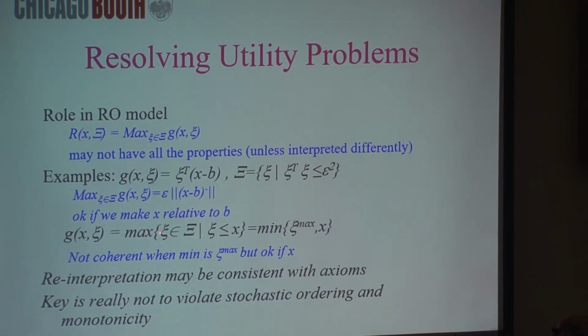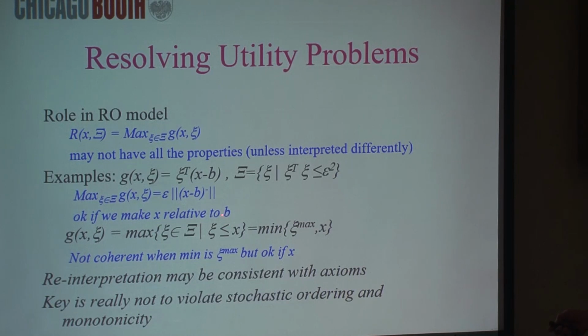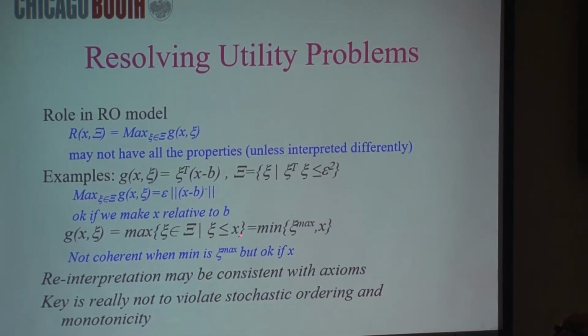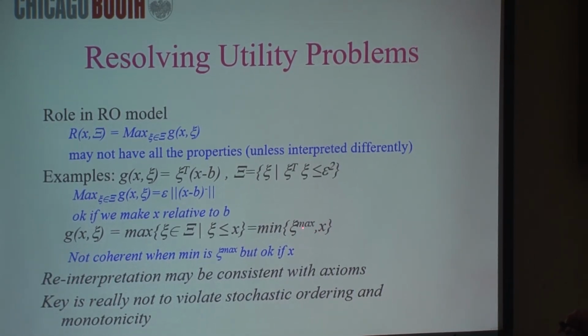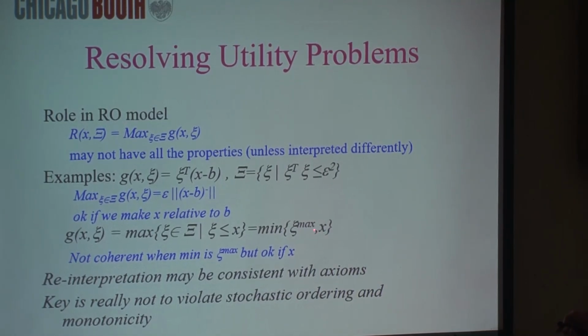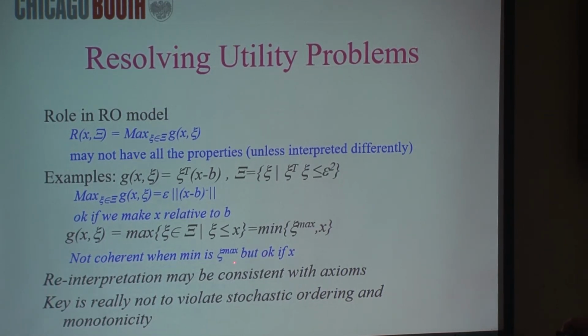However, if you make x relative to b, then you can make it into a coherent measure. This one, if I just take the maximum of c less than or equal to x, that's just the minimum of c and x. Well, that's not going to be coherent as well, because when the minimum is just c max, it's not going to change with x.